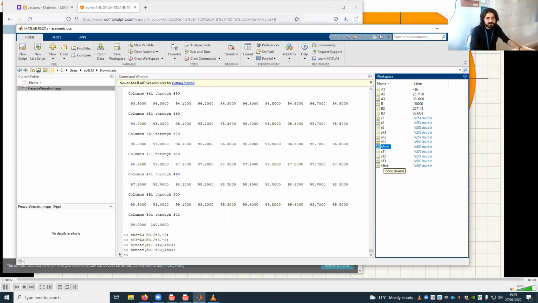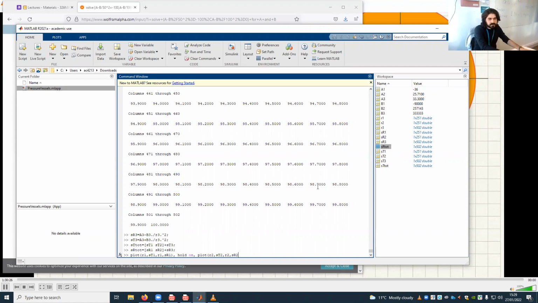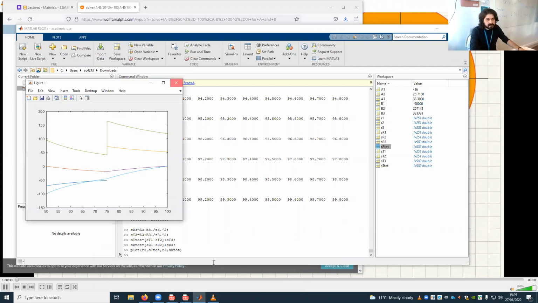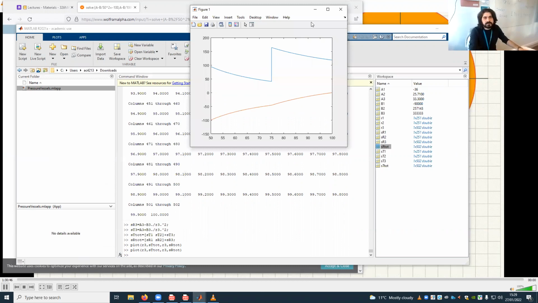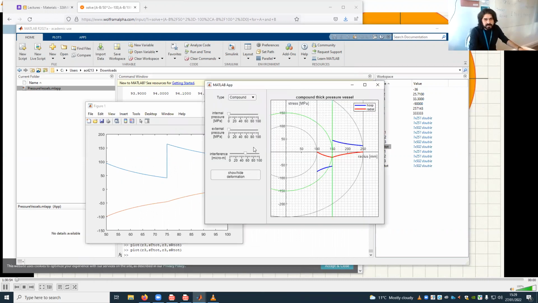Now, if I plot these ones now, I can plot R3 with ST total and R3 with SR total. Let me plot this again. This one is exactly what we are expecting if I include an internal pressure.